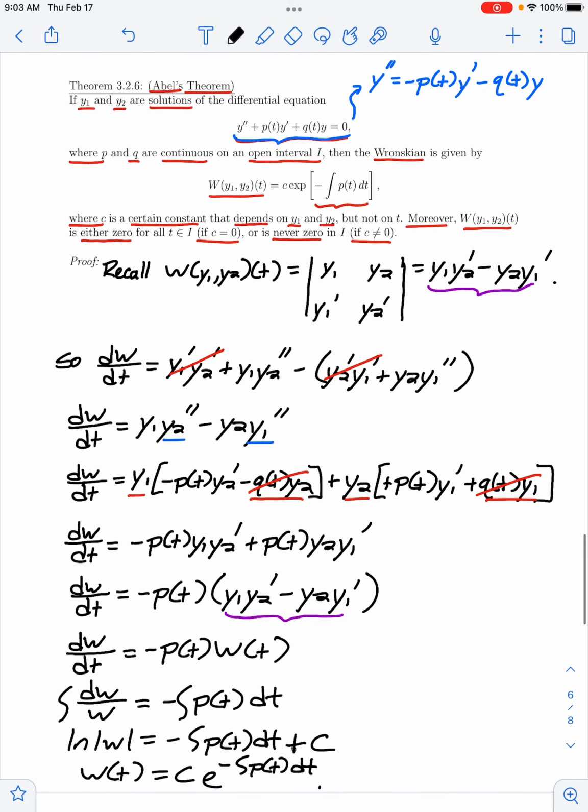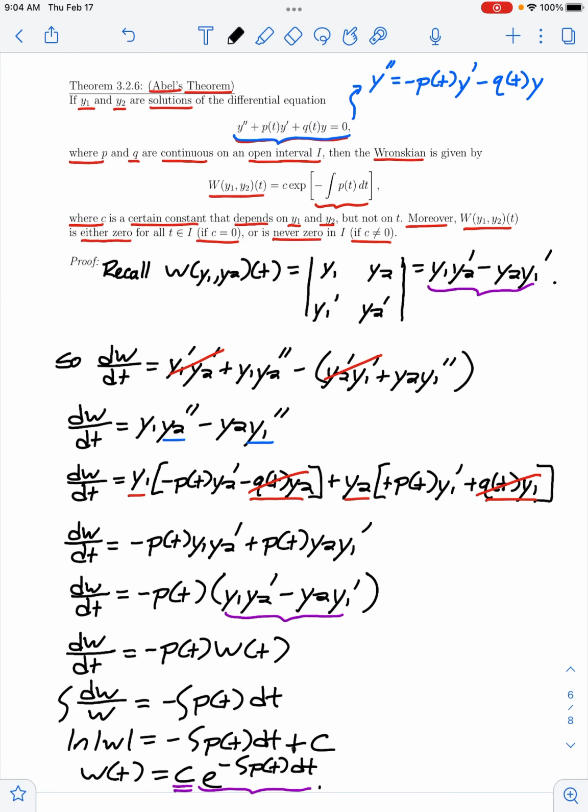And when we look at this expression that we have for the Wronskian, well, this e to the negative integral of p of t dt can never be equal to 0. So the only way that this Wronskian could possibly be equal to 0 is if our constant of integration, or this constant out in front, c, was equal to 0.